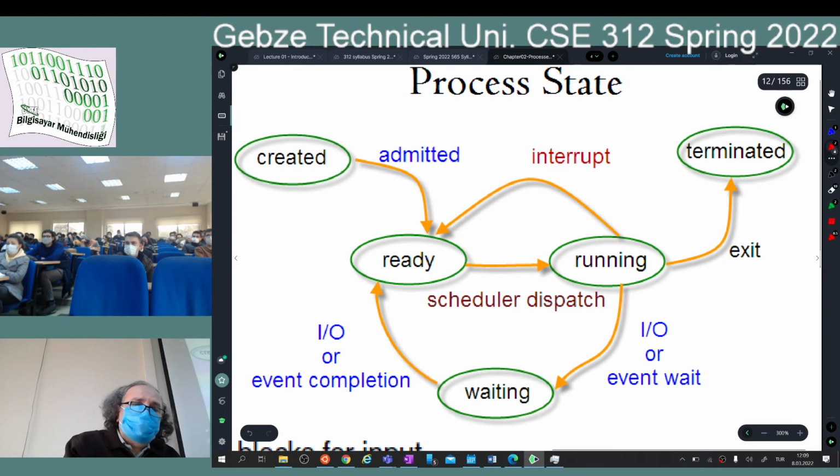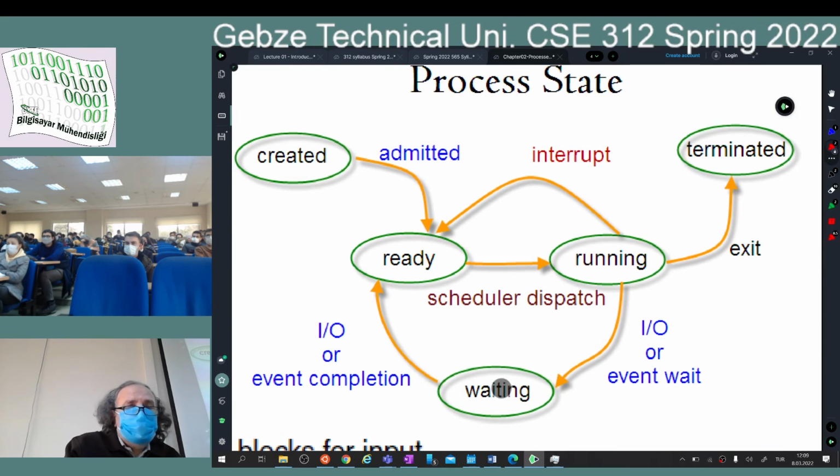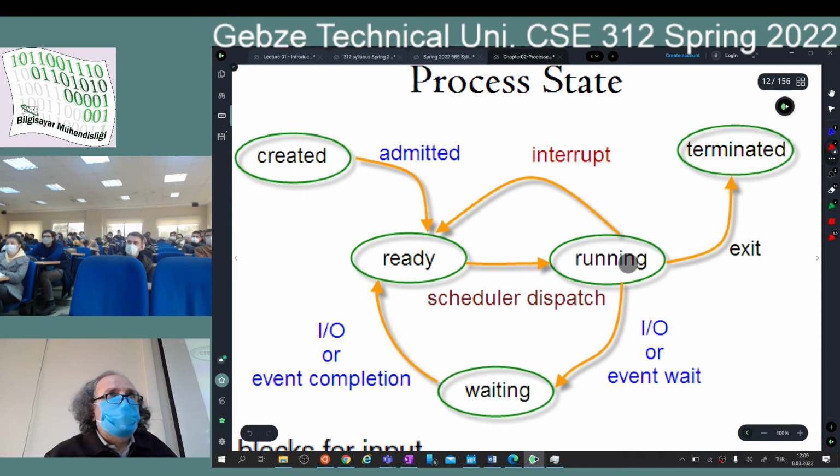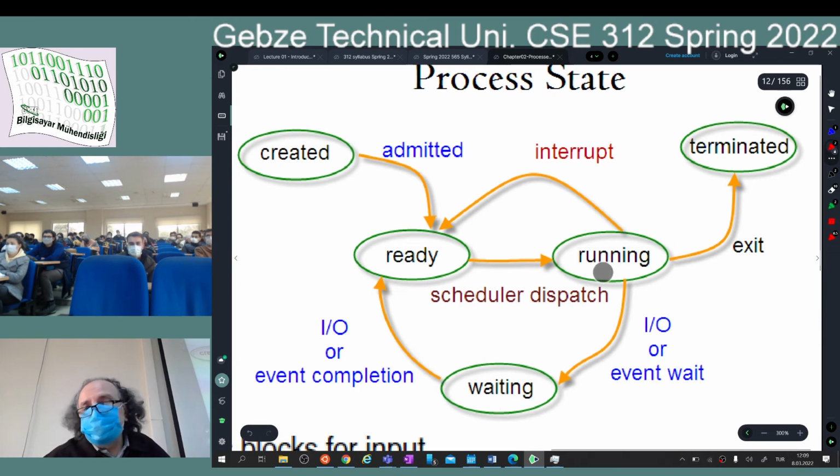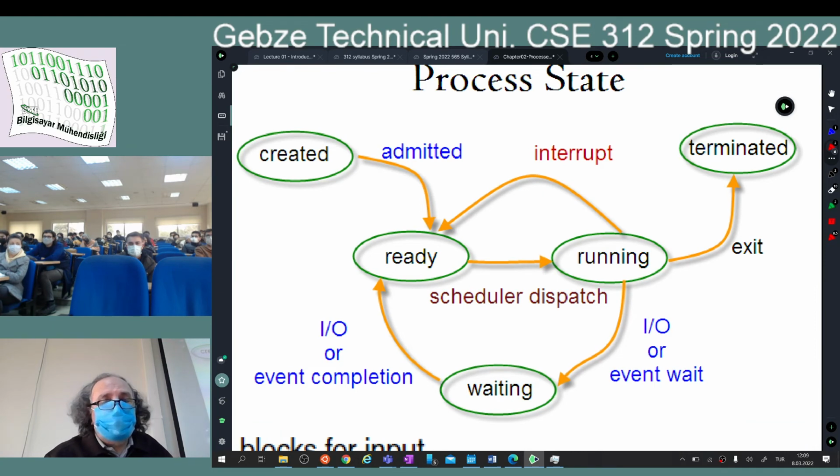So I am waiting in the blocked queue. I am waiting for I/O to happen, right? Let's say I'm running. I need some data from the disk. I ask the operating system to load that data. The operating system put me in the blocked queue, and it worked on that data while somebody else is using the CPU.